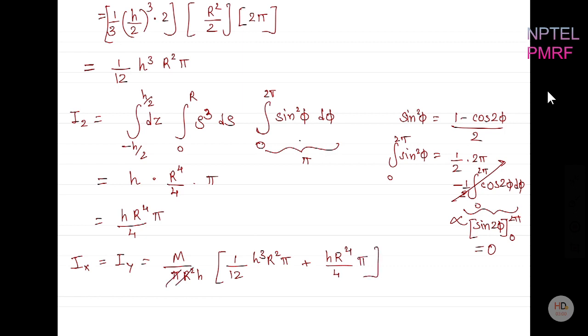Okay, pi r square h can be cancelled. So the final answer is m h square by 12 plus m r square by 4, for Ix and Iy.